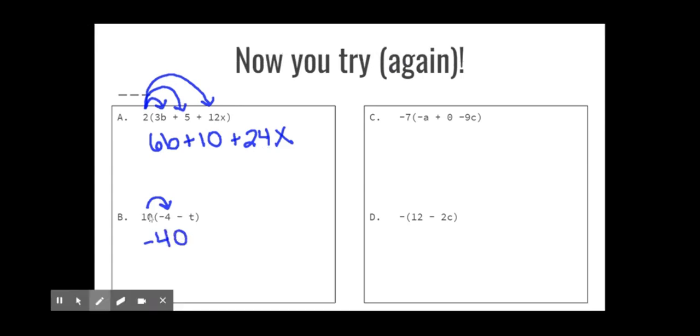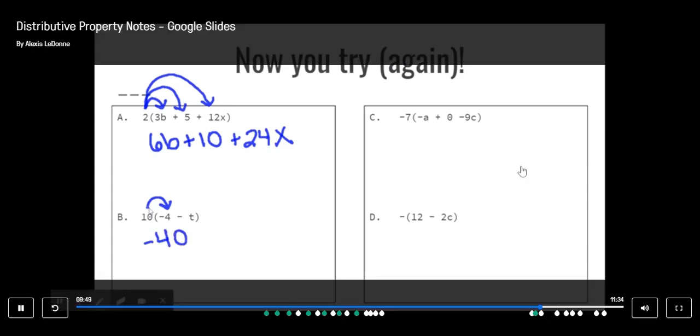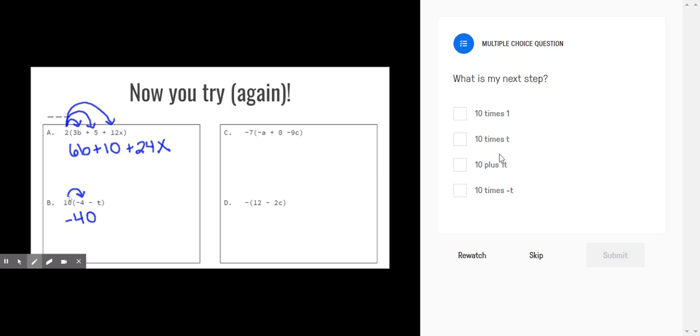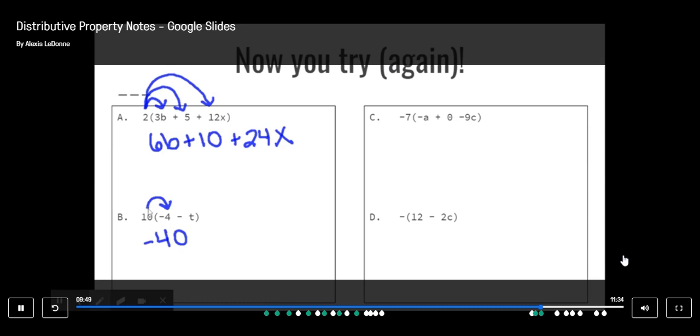What would my second step be? Good, multiply t times, this is a -1t, and what would I get here? Get a -10t. This is a constant, this one's a variable, I cannot put those together, that's my final answer.